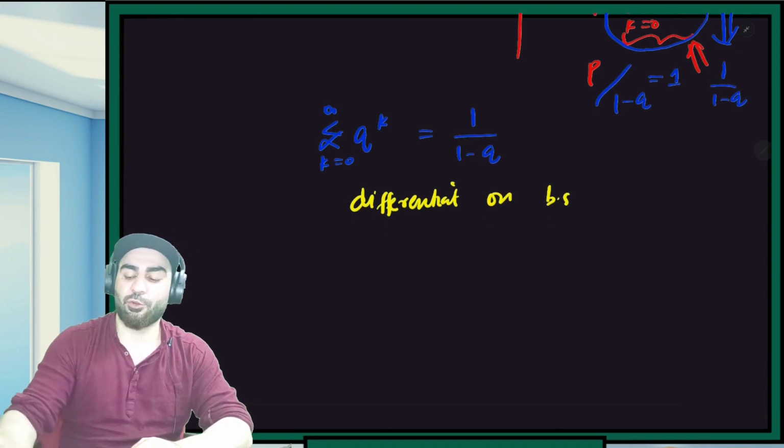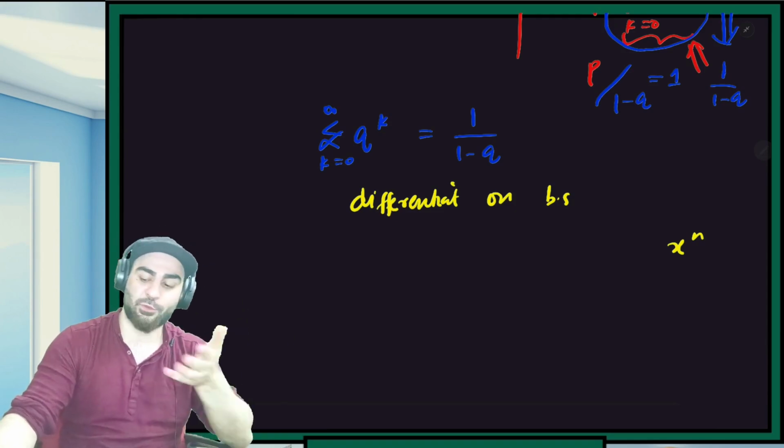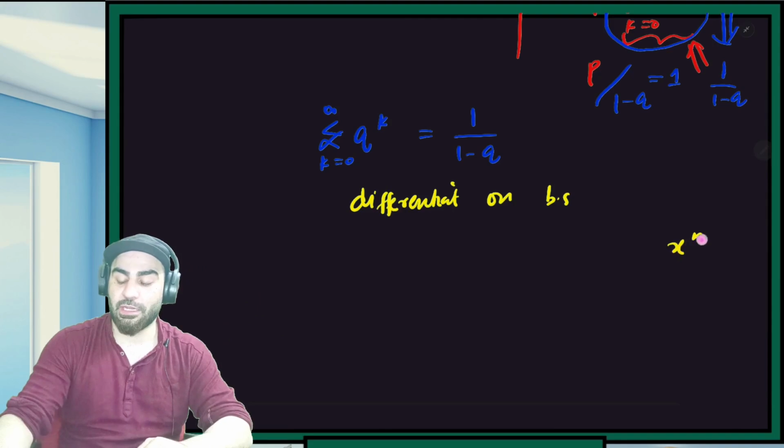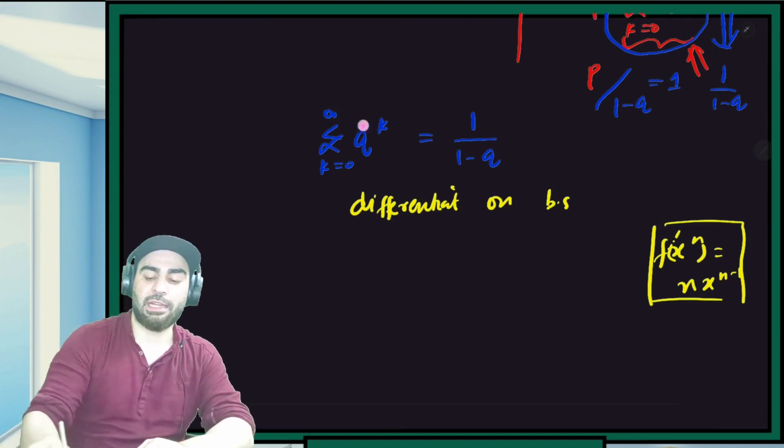Once I differentiate, if I have x to the power n and I differentiate this, take this as an assumption for now. Once we go to calculus, you will see that we'll prove this formula. So if we differentiate this, you get n x^(n-1). Once you differentiate, accordingly I'll differentiate this.